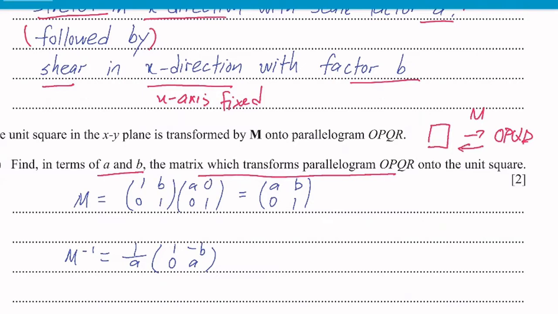Parallelogram back to the unit square is M inverse, so we need to find M first by doing the multiplication. For M inverse, we can easily use the formula: if this is M, then M inverse is 1 over (ad minus bc) times the matrix like this. So that's for part b.